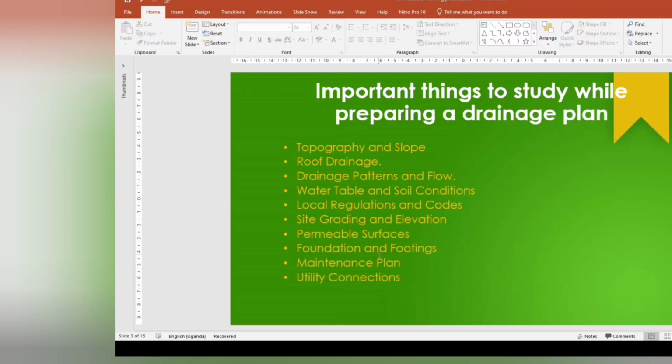Those are some of the important things we need to study or we need to know before preparing a drainage plan.